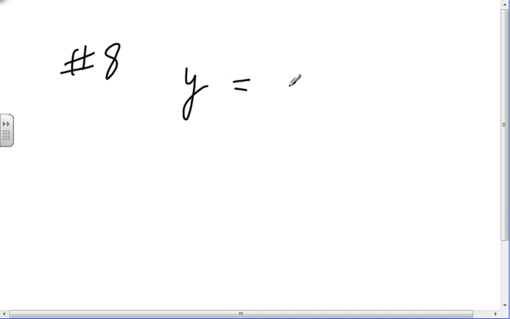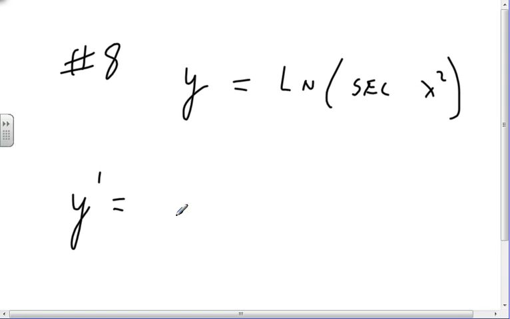Y is equal to the natural log of the secant of x squared. Okay, so y prime would be, on the bottom, we got the secant x squared. Now I need the derivative of the secant, so I'll look in the front and the back cover for that one.